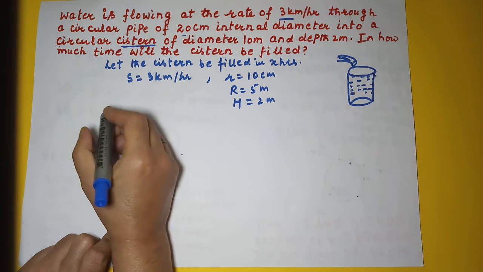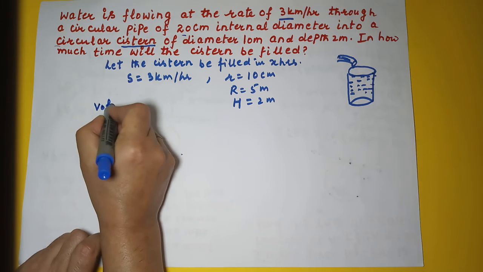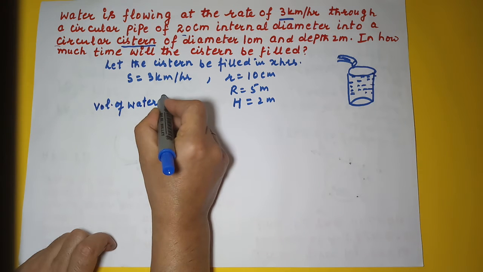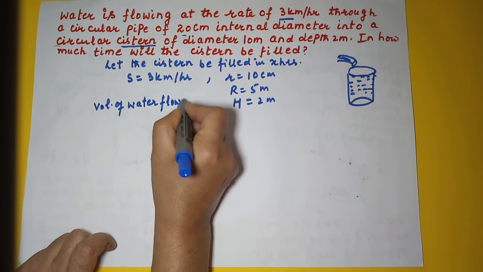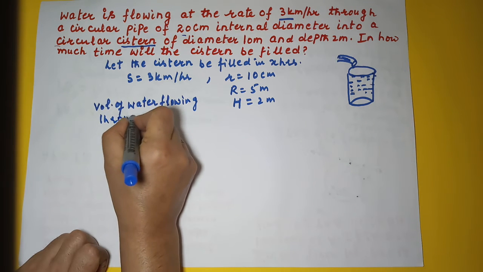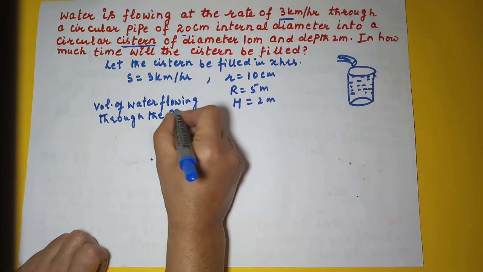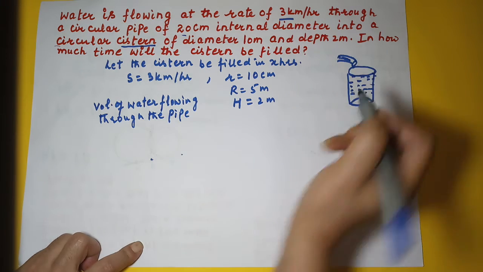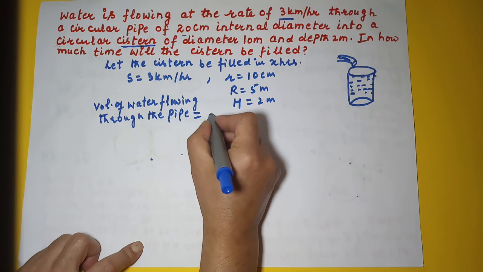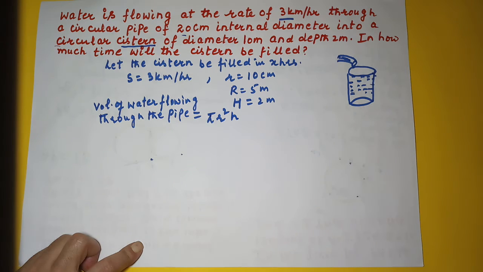So now let's calculate the volume of water flowing through the pipe. Now water will take the shape of the cylindrical pipe. So that is pi r square into h, right?